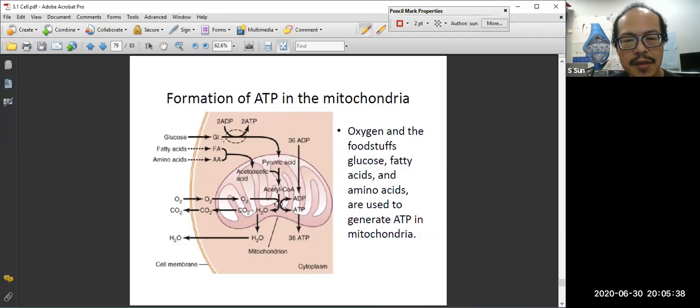So glucose goes into the mitochondria, produces 36 ATP. If it doesn't enter into the mitochondria, if there's no oxygen, then glucose will only produce 2 ATP.